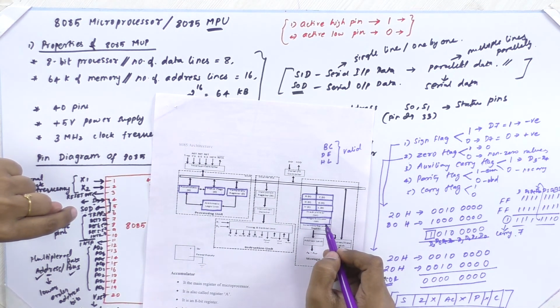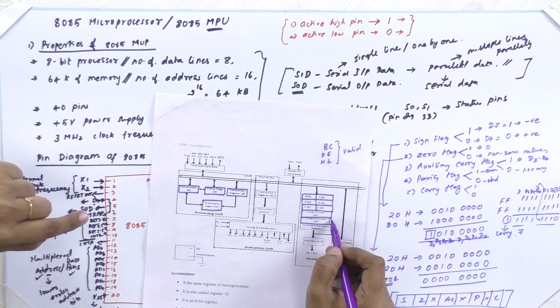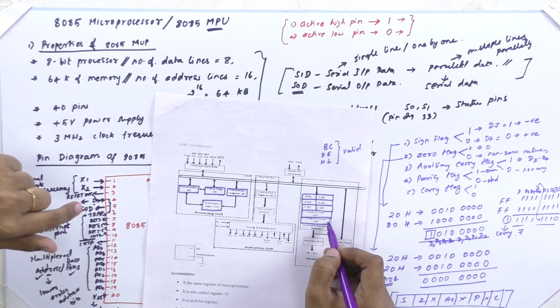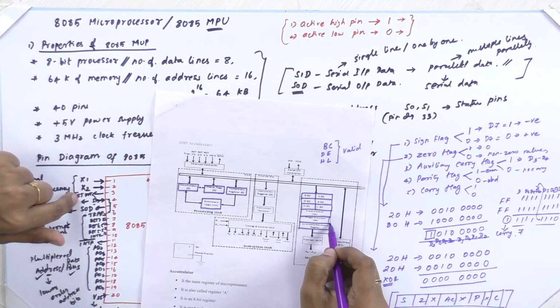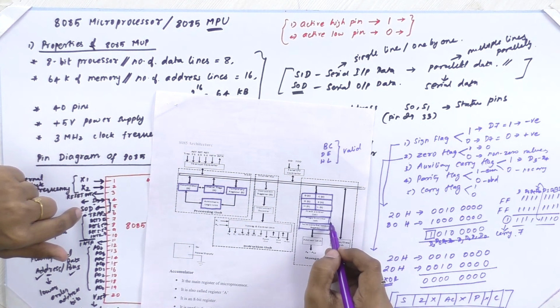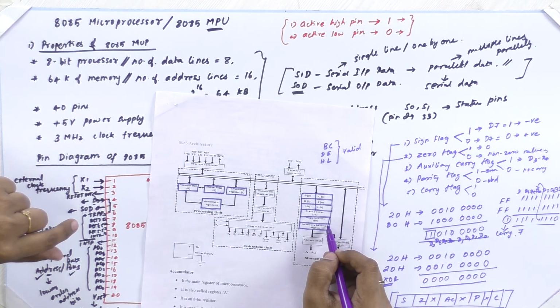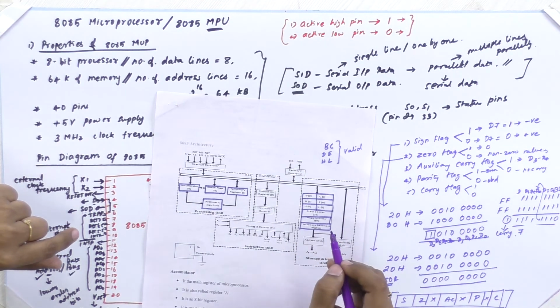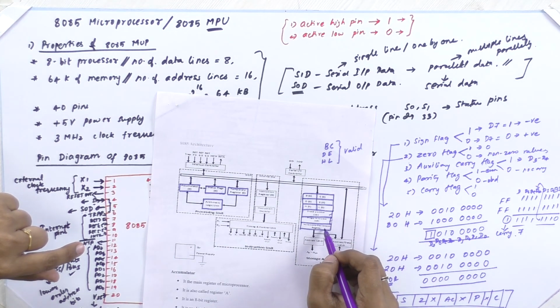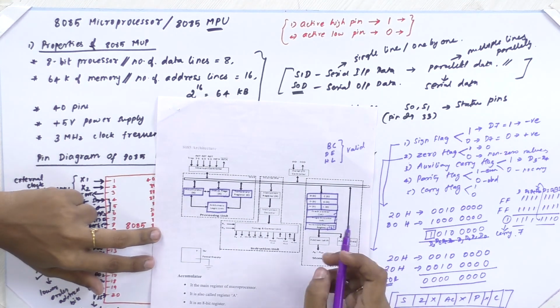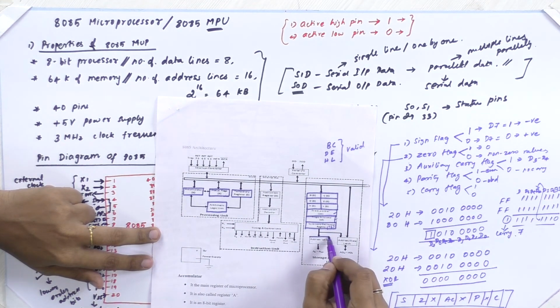As we know, the program counter stores the address of the next instruction that is to be executed by the processor. Next is the increment or decrement register. It is used to increment or decrement the address present in the stack pointer or program counter. It is also 16-bit.